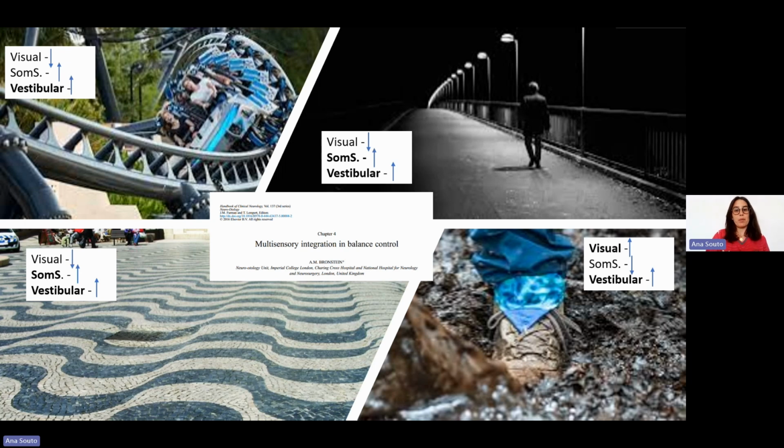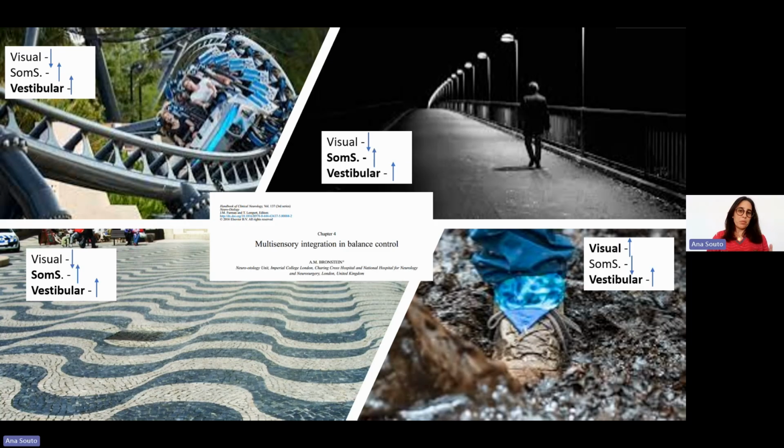So the person will feel the floor and its characteristics, and will focus more on the feelings coming from the base of support to compensate for the lack of visual input.